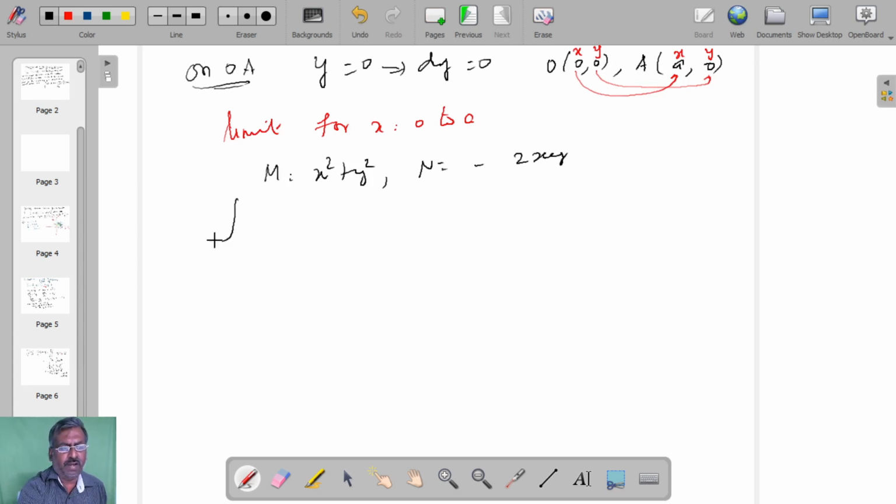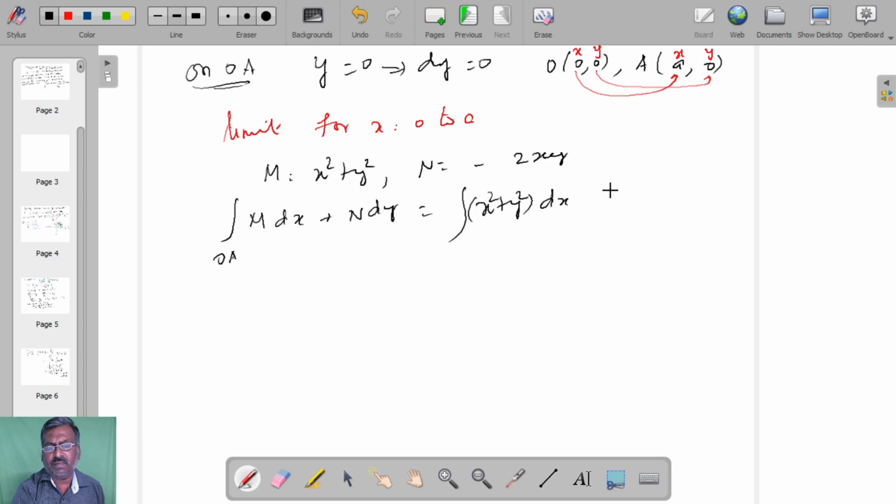We are going to find the integral of m dx plus n dy along the line OA. So equals the integral of x squared plus y squared into dx plus minus 2xy into dy, over OA.